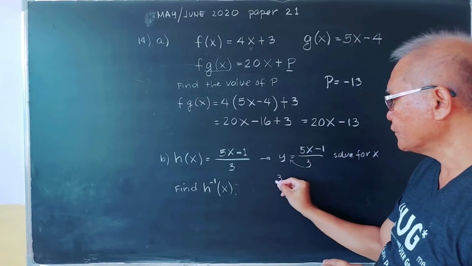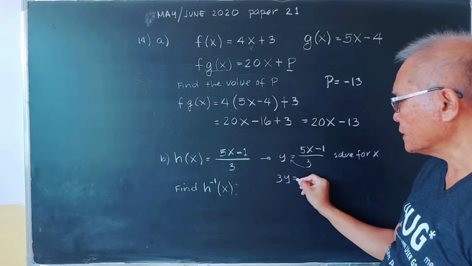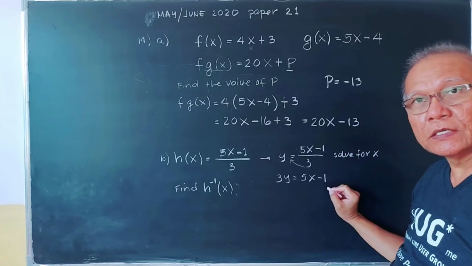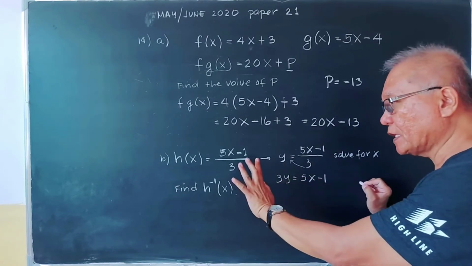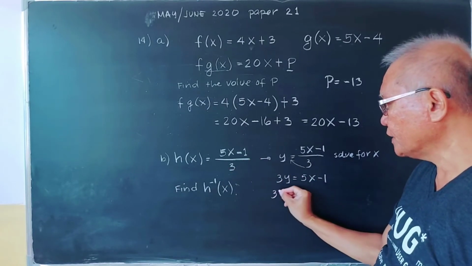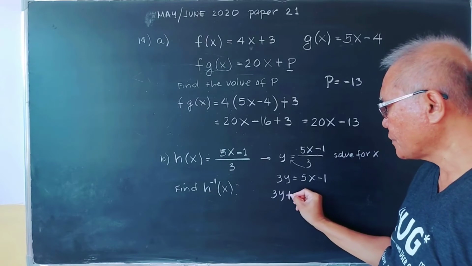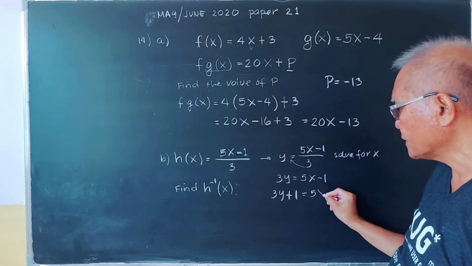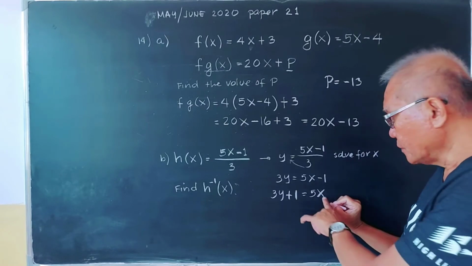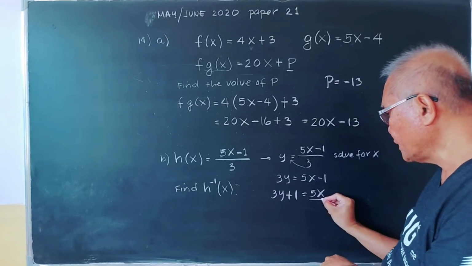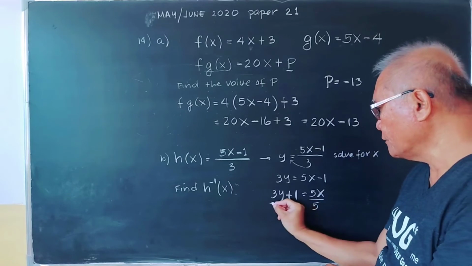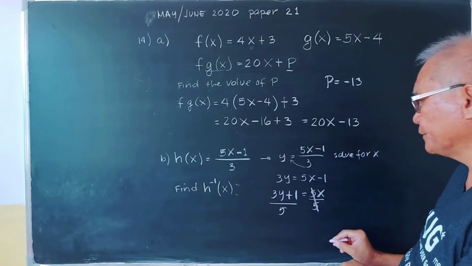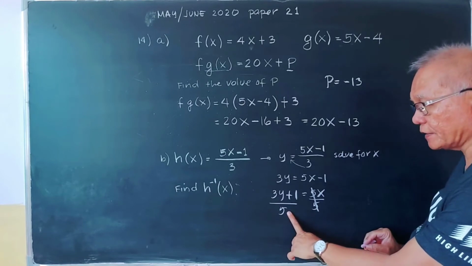So we have 3y is equal to 5x minus 1. Transpose the 1: plus 1. So we have 3y plus 1 on the left is equal to 5x. We remove the 5, so we divide this by 5, and we divide also the other side by 5, so they cancel. Therefore, this is our answer.